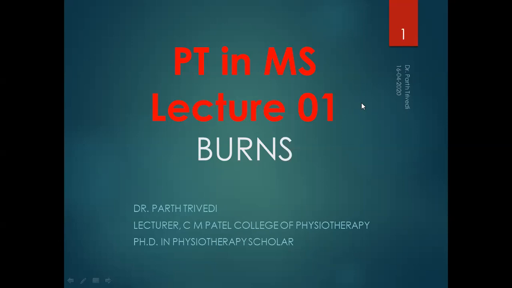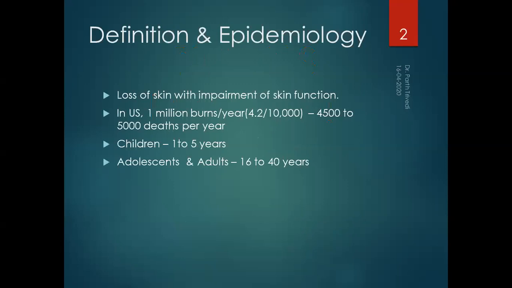Okay, so we would move ahead with this. Definition and epidemiology is very important. The reference for this is the Susan Sullivan physical rehabilitation book. So what is burn? Burn is nothing but loss of skin with the impairment of skin function.